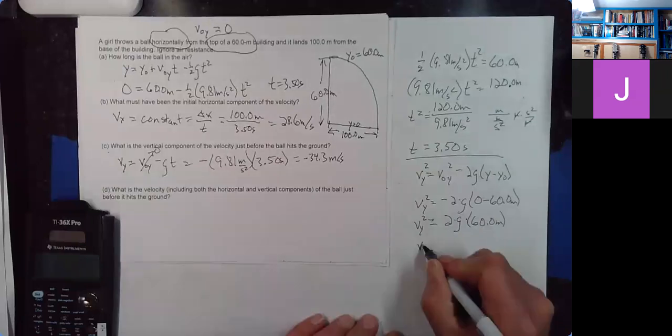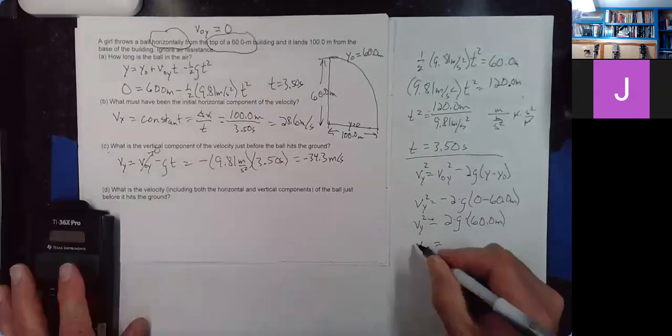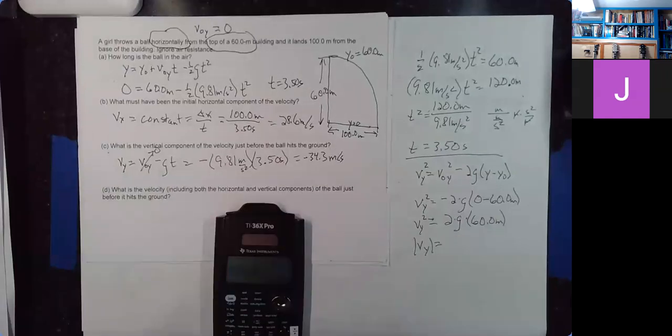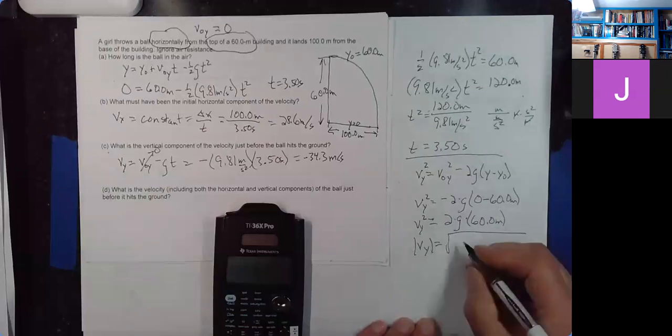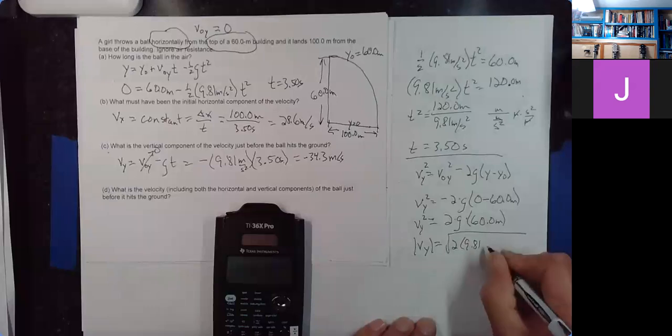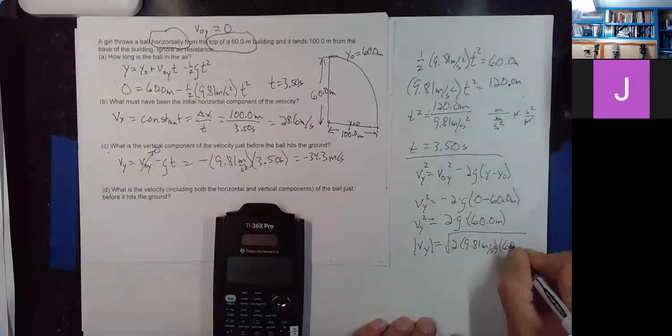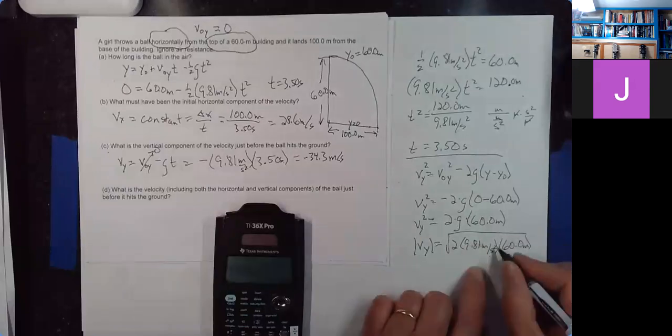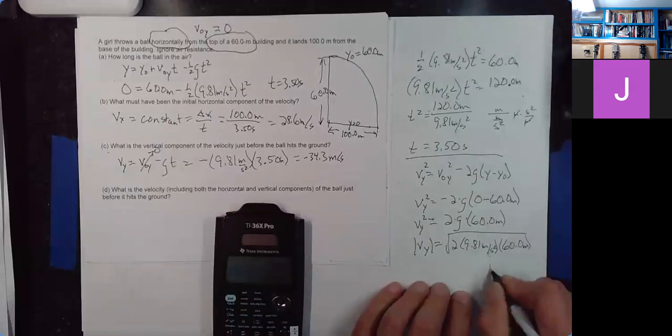So we get that. But anyway, if I plug and chug on here, I could think of this as the absolute value of the velocity in the y direction, and I'd have the square root of 2 times 9.81 meters per second squared times 60.0 meters. When I multiply meters per second squared, remember, even though we have kind of a slash there, that actually represents a fraction.